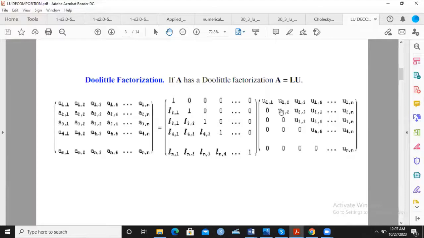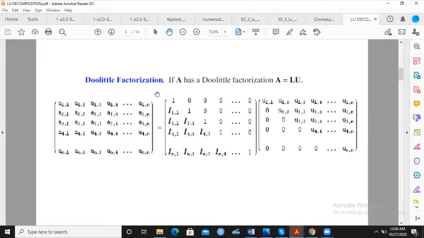Similarly, upper triangular means that above the diagonal we have the non-zero entries and below the diagonal we have all zeros. We can have zeros above the diagonal as well, but strictly speaking, we must have zeros below the diagonal for the upper triangular matrix.